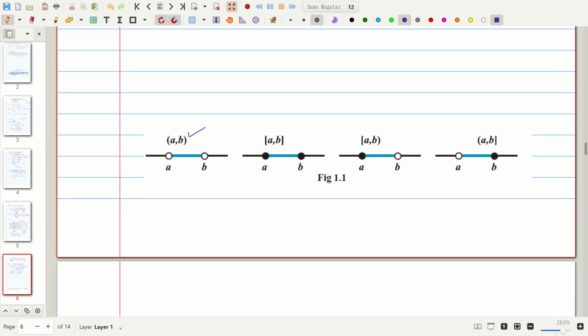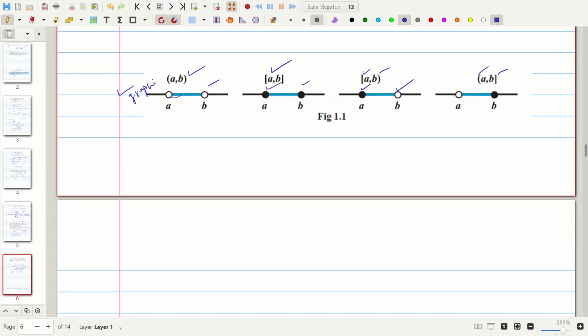Understood? In the graph, an open interval has empty dots at both ends, and if both dots are filled, it is a closed interval. If one is a filled dot and one is an empty dot, then it is closed at one end and open at the other. This is the graphical representation of intervals as subsets of real numbers.